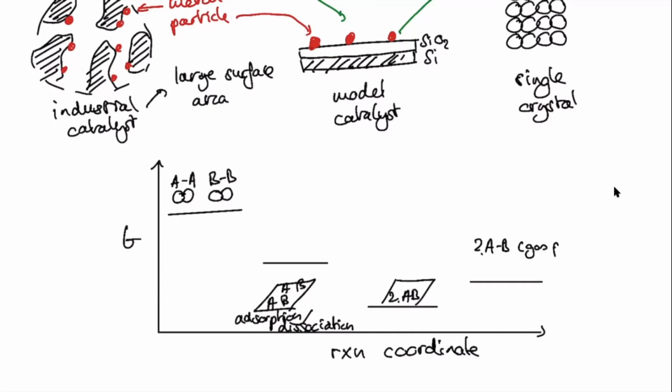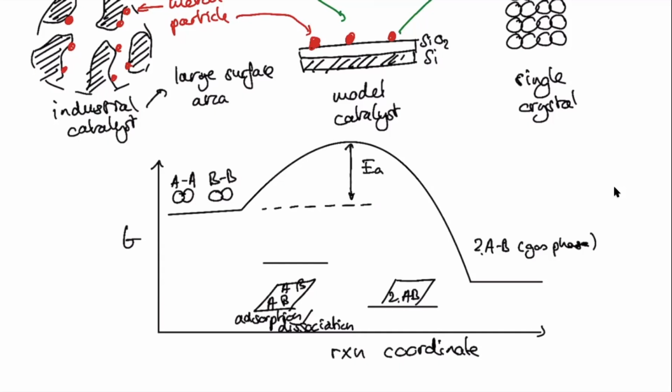If we look at a gas phase reaction, so here we are in the gas phase. If we looked at the reaction without catalyst, we would probably have something like this, right? So we'd have a very large activation barrier, whereas here desorption is typically almost without barrier.